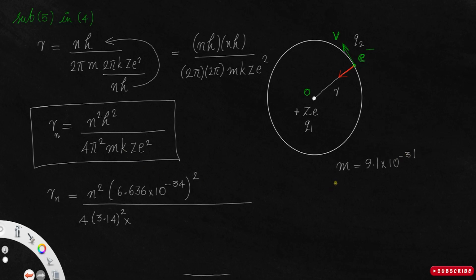And we have K, the electrostatic force constant, and its value is 9 into 10 raised to 9.